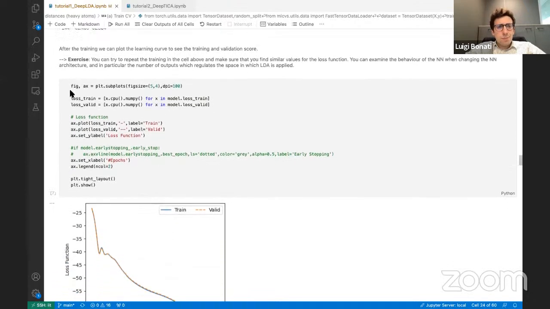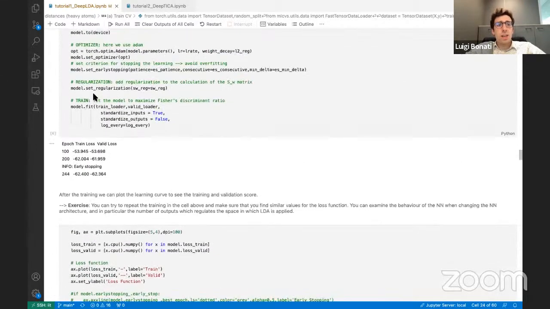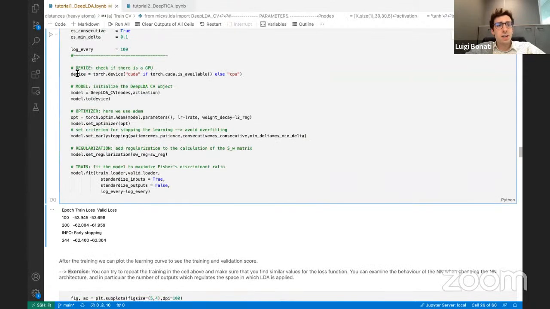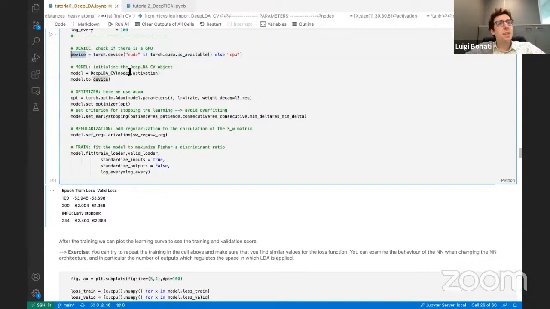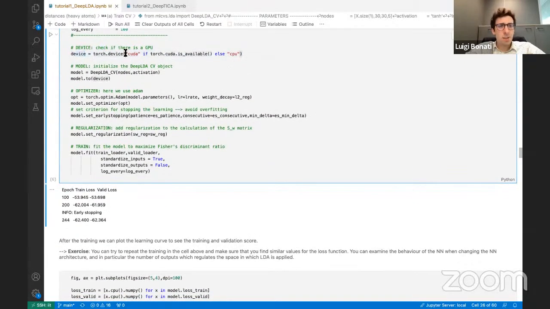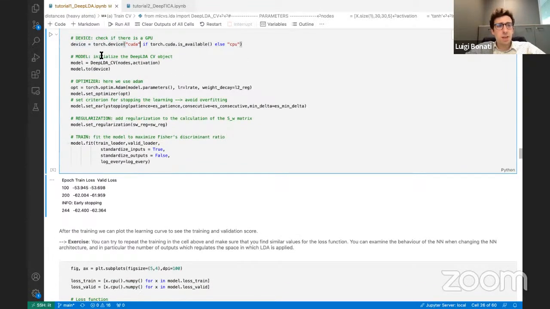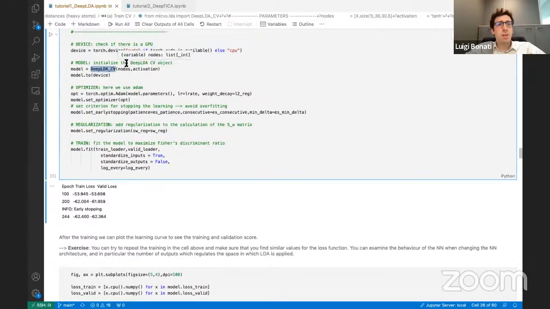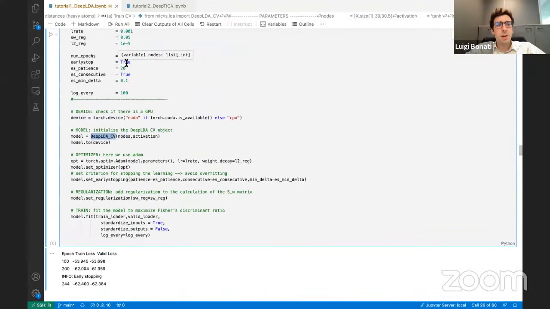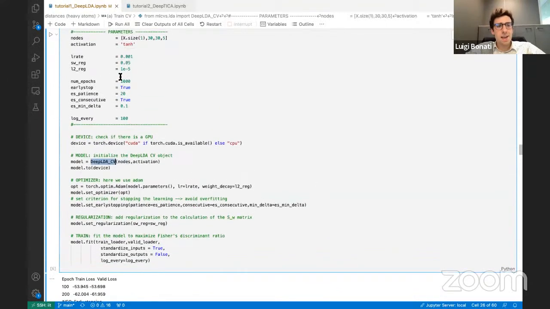Okay, so what we do here is check whether we have CUDA installed, and whether we also have the PyTorch CUDA version. And if so, we can use it. Then we define a model, which is this deep LDA CV.